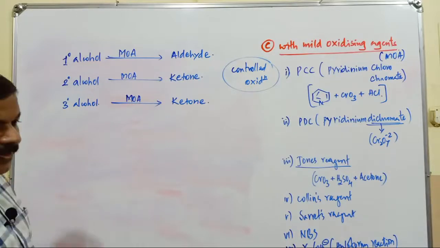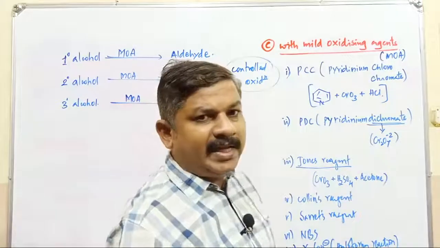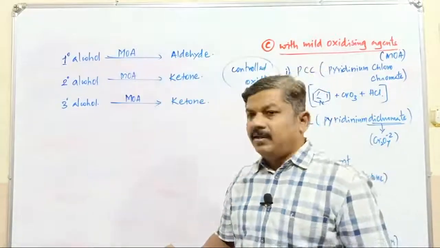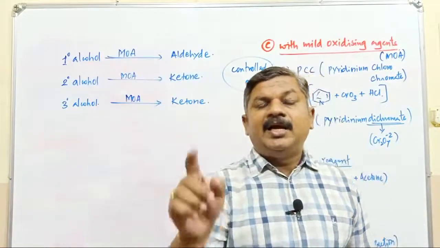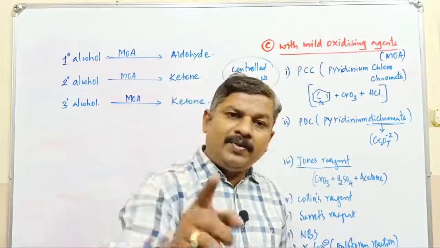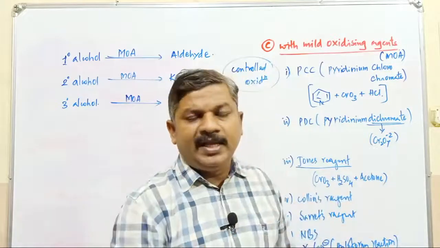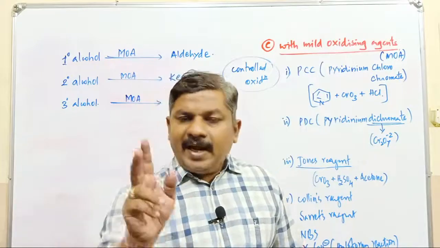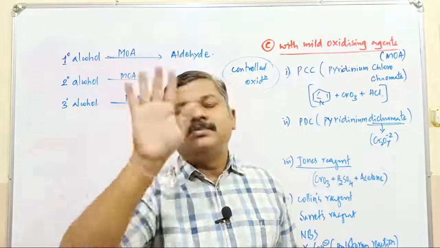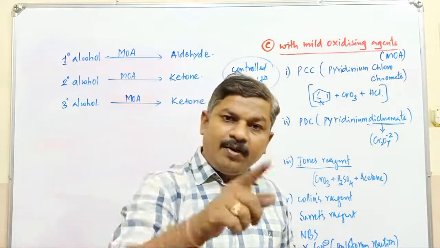So just to copy, in presence of strong oxidizing agent, once again I will make it very clear. Strong oxidizing agent converts primary alcohol into aldehyde, aldehyde into what? Carboxylic acid. Secondary alcohol, if it is oxidized in presence of strong oxidizing agent, gets converted into what?